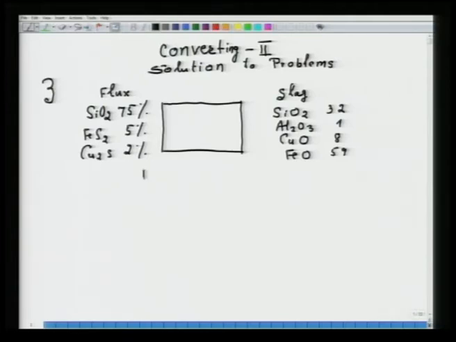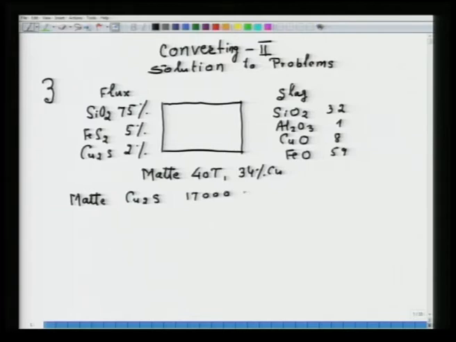Now, it is also said the matte is 40 tons and its grade is 34% copper. Now, as such, say the matte, we have to find out the amount of Cu2S. So, we can calculate Cu2S that is equal to 17,000 kg and FeS that is 23,000 kg.